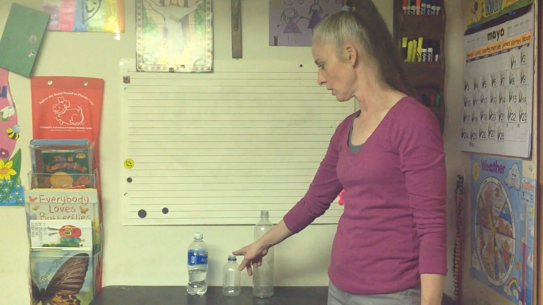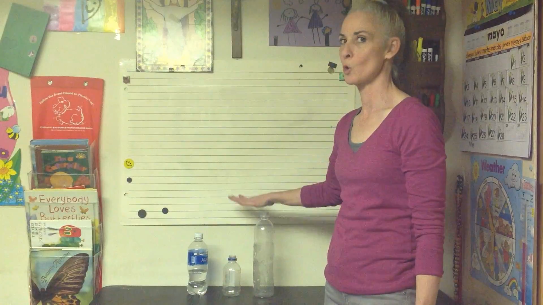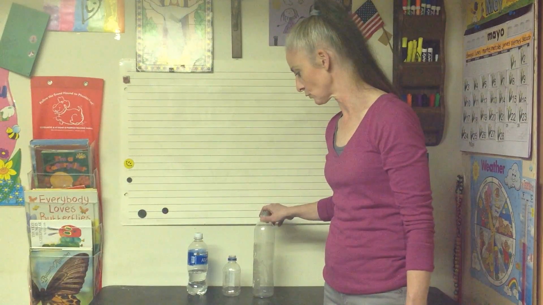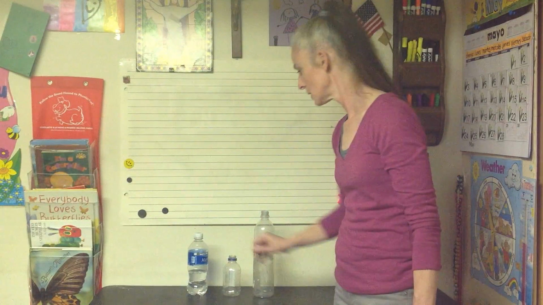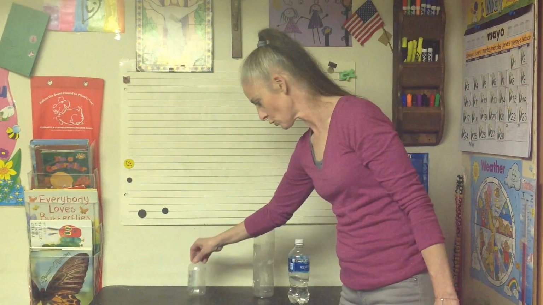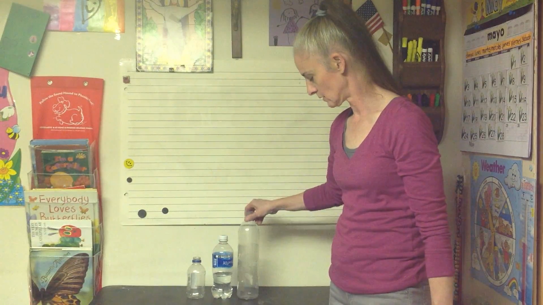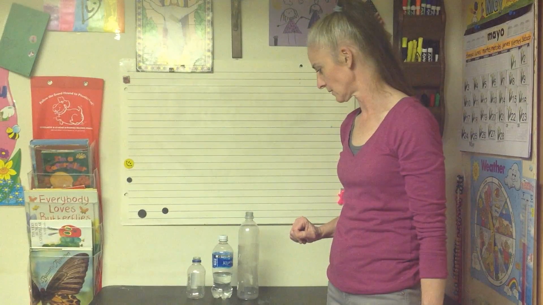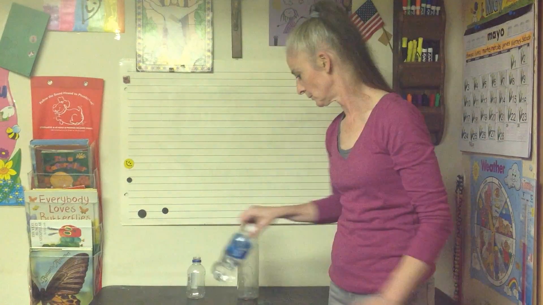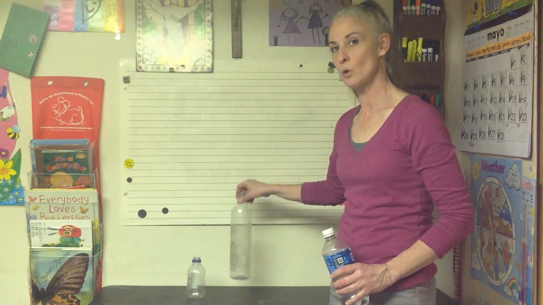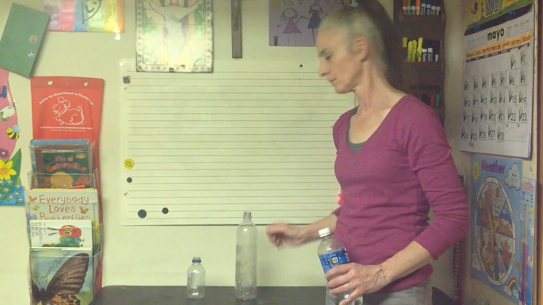We could say tall, taller, tallest. Okay, let's put them in size order. Let's do smallest first, shortest first. Shortest, tallest. Are they in size order now? Yes. But if we only have two, we can say taller, shorter.